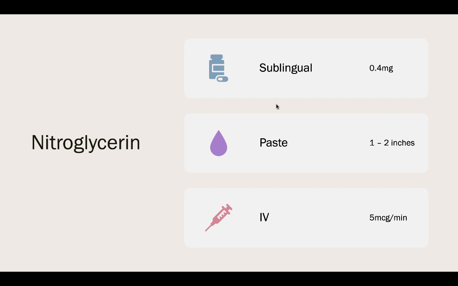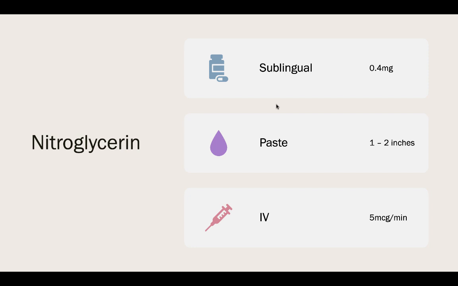We're going to start an IV nitro drip at 5 micrograms per minute. See how our patient responds to that, and then we're going to titrate up based on symptoms and blood pressure. We're going to titrate up 5 at a time. So we're going to go 5 micrograms per minute, and then titrate up to 10, 15, 20, 25, 30, so on and so forth.